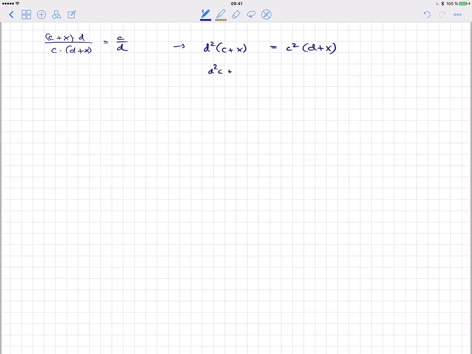So we need to put the term x on the left-hand side and the constant term on the right-hand side.